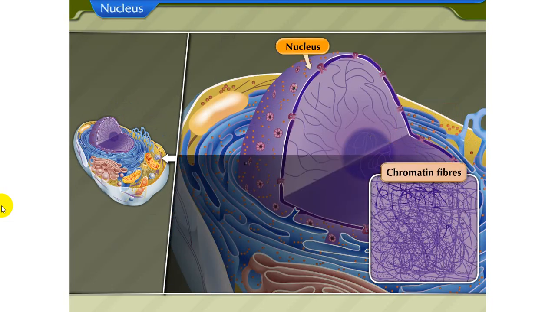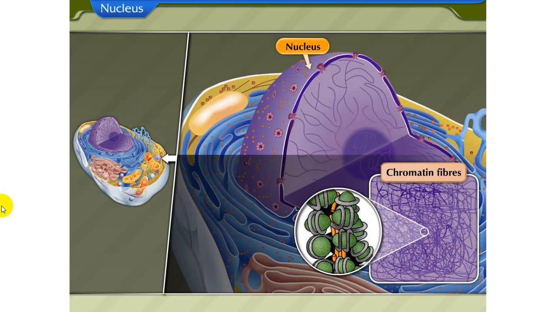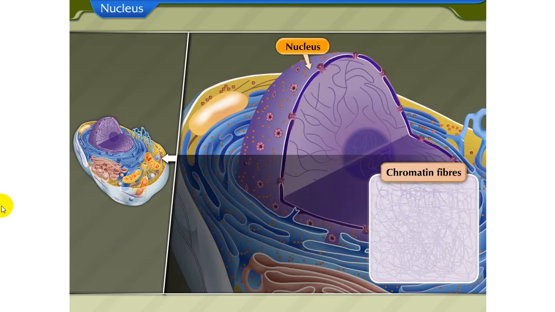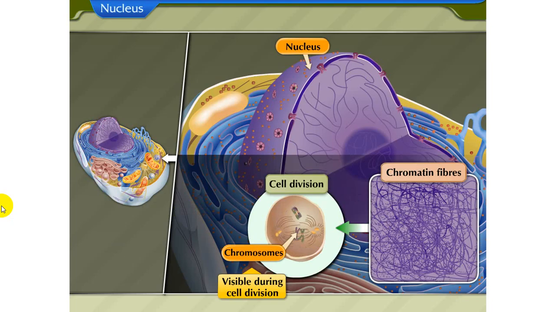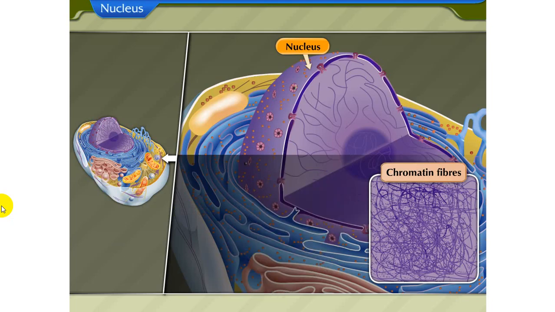Chromatin fibers are thin thread-like structures composed of DNA, that is, deoxyribonucleic acid and protein. These fibers get condensed to form short, thick chromosomes during cell division. Chromosomes are visible during cell division.